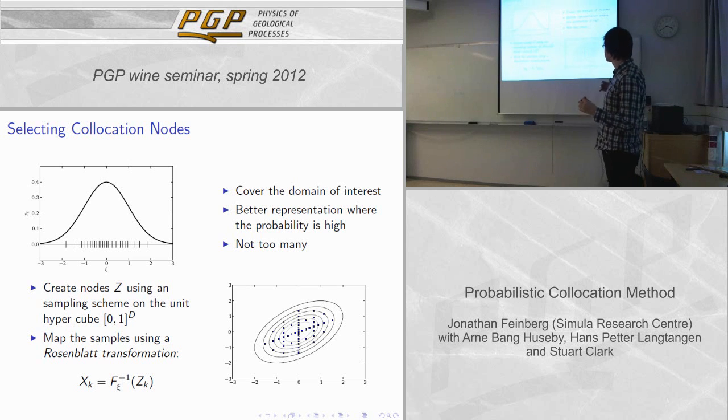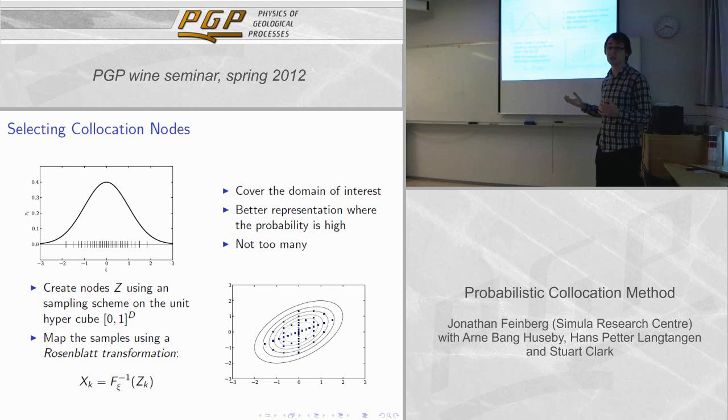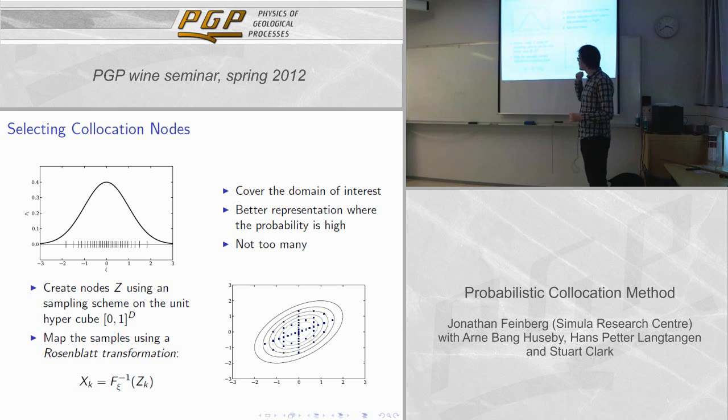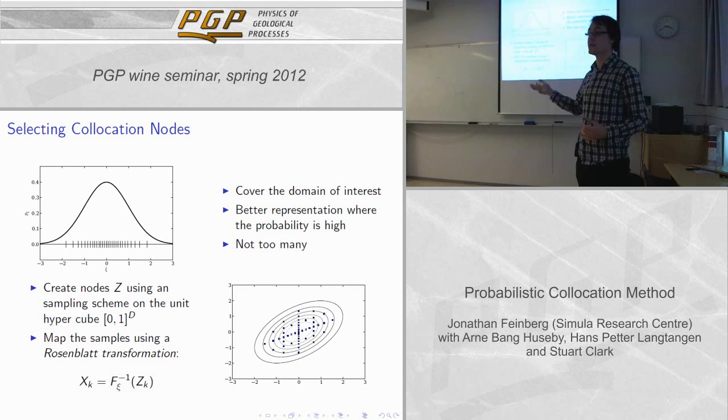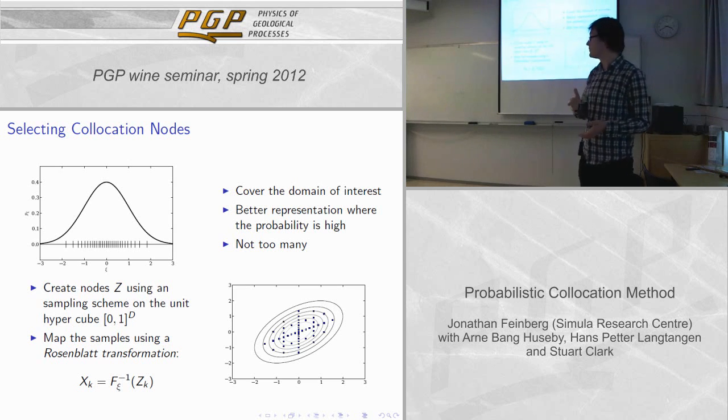So basically, some method that will get you fewer points per dimensions than any type of other grid. When you have basically sampled everything on the unit hypercube, then what you do is you use a probability theory type of operator to map all the samples to the distribution you're interested in modeling for. So again, we're tailoring the collocation nodes to the probability density that we're trying to do analysis on.